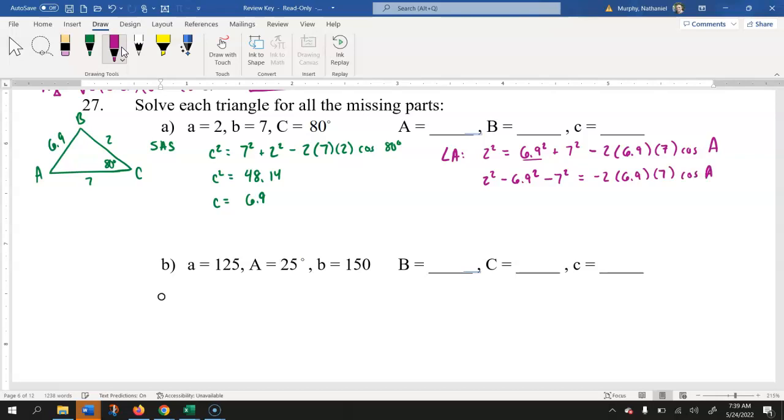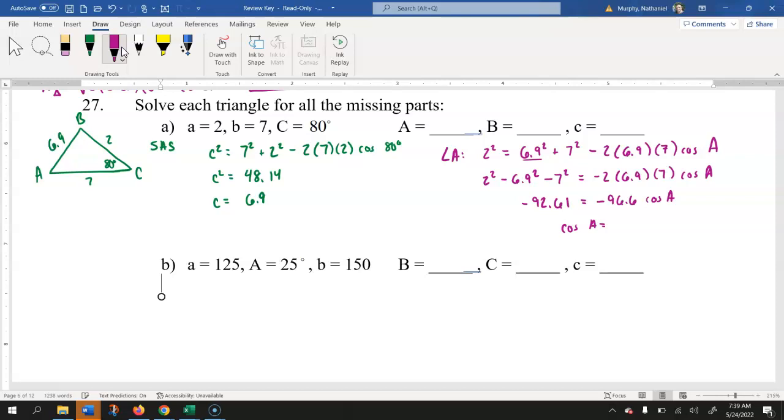And now we're going to simplify each piece. So the 2 squared minus 6.9 squared minus the 7 squared simplifies to negative 92.61. And then the right side, negative 2 times 6.9 times 7 is negative 96.6 times the cosine of A.